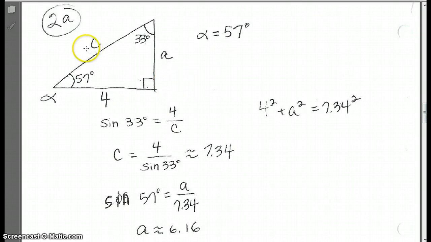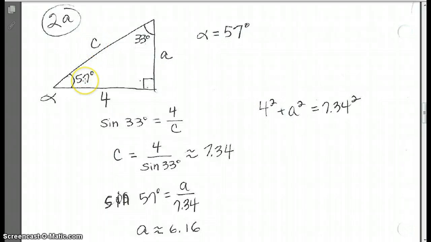Here in this case, if you want to know what the hypotenuse is, and you know that you have a length of 4, and they give you that one angle is 57 degrees, the sum of the angles is 180, and one of them is knocked out with a 90 degree. So these two should always sum to 90 degrees. So if I want to know what C is, I have a couple options.